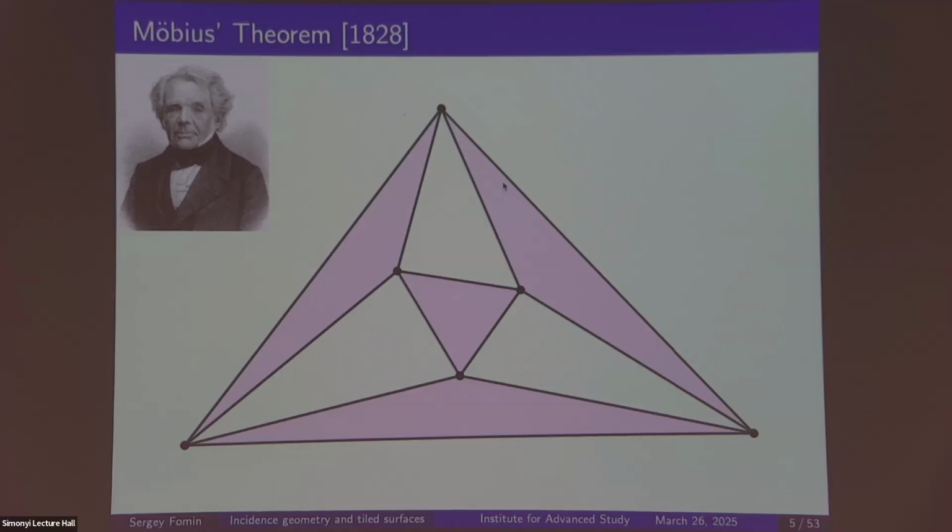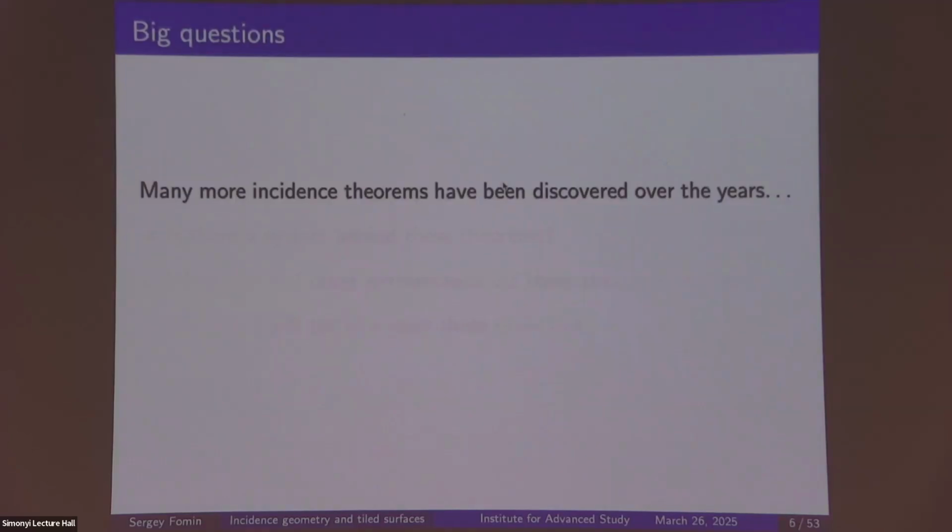3-dimensional linear incidence geometry. Okay, so when you see theorems like this, it's natural to ask, and of course, many more of them have been discovered over the years, and books have been written, mostly in German, about this compendia of such theorems. What is really going on? Is there some kind of system behind these theorems? Where are they coming from?